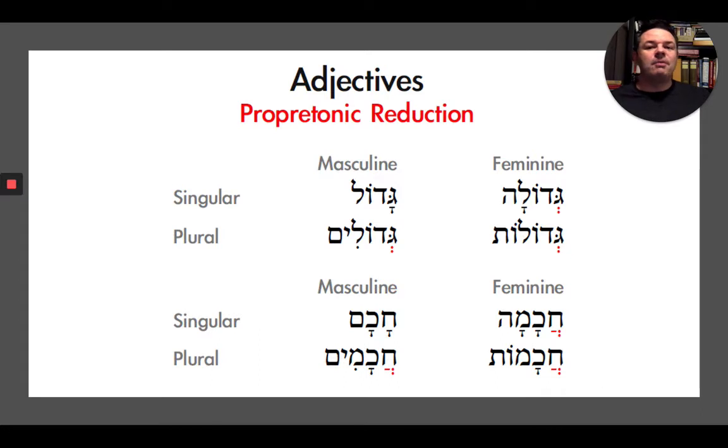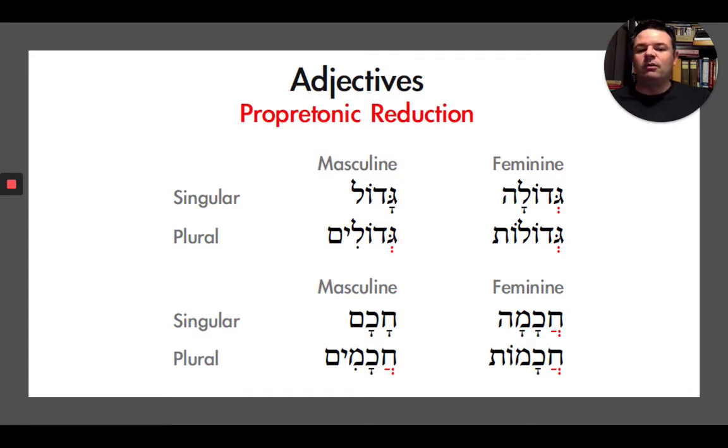Same thing is going to happen here with adjectives. So you've got the word gadol, right? The kametz there is going to turn into a schwa. This word gadol just means large, right? Gadol, gedolah, or gedolim, or gedolot. Still the same basic sound. You've just got the reduction of that propretonic vowel.